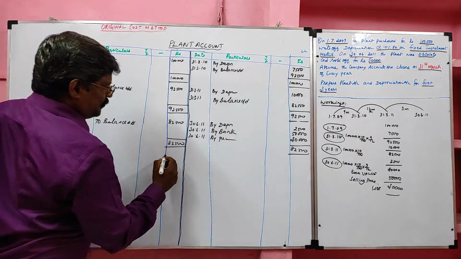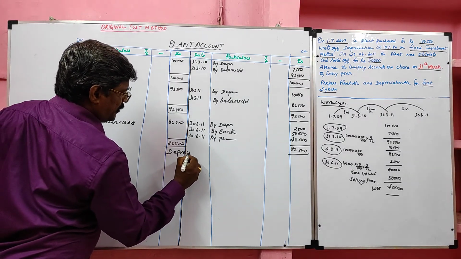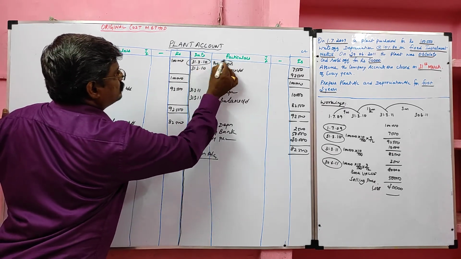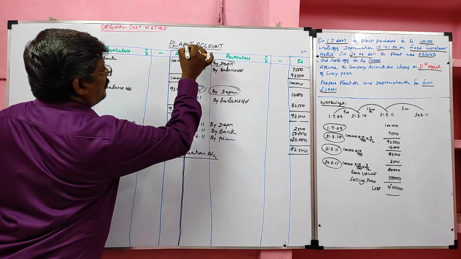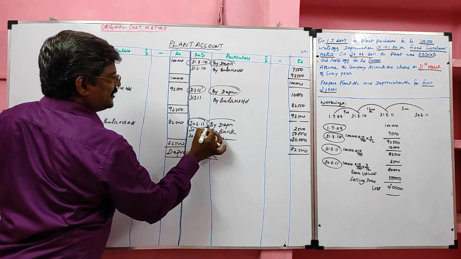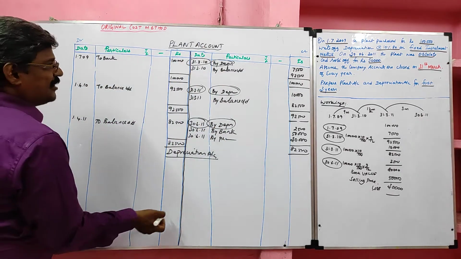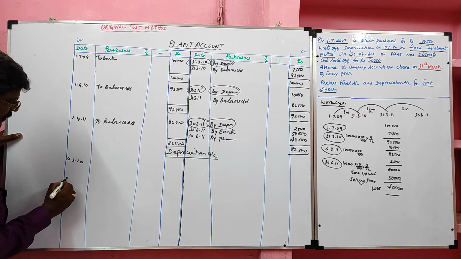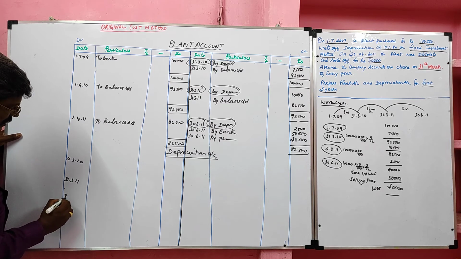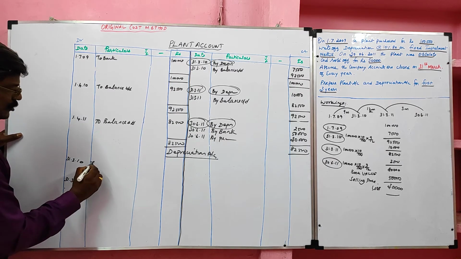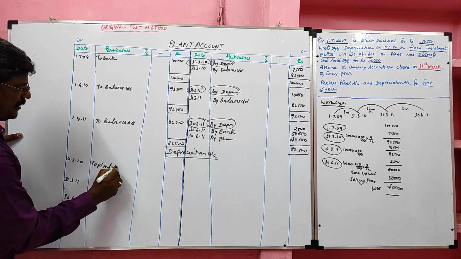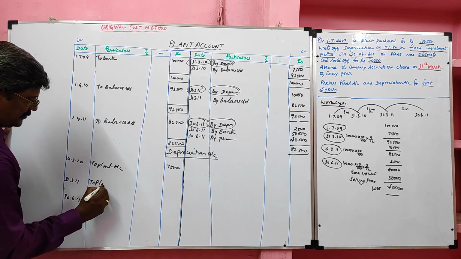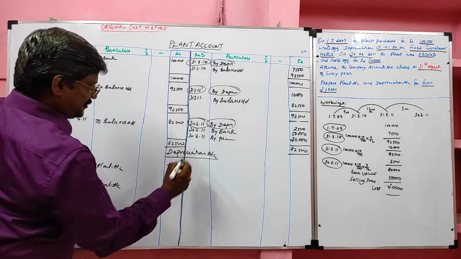Then we have to prepare the depreciation account. Here, in the plant account, depreciation is always credited. In the depreciation account, plant account should be debited on the same dates, 31/3/2010, 31/3/2011, 30/6/2011. To plant account, the first year depreciation 7,500. To plant, the second year depreciation is 10,000.